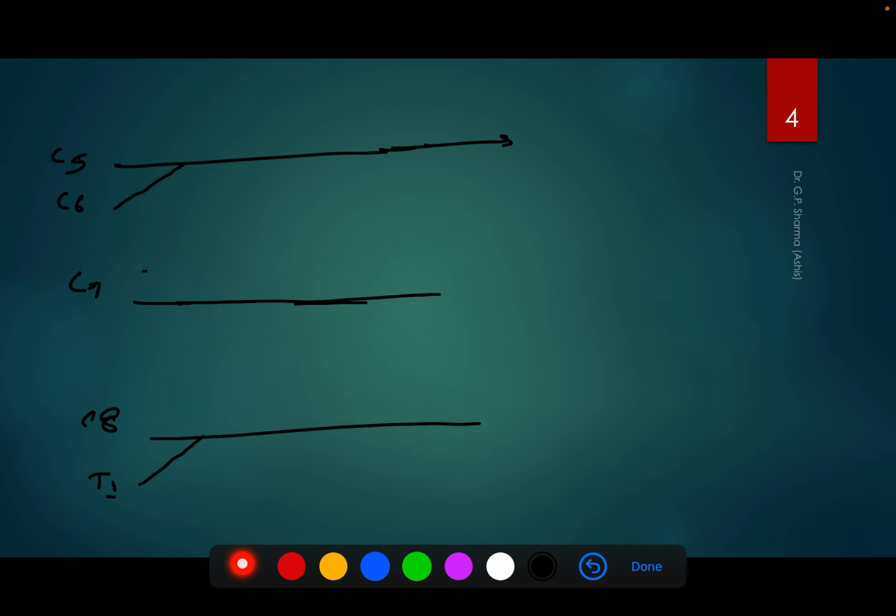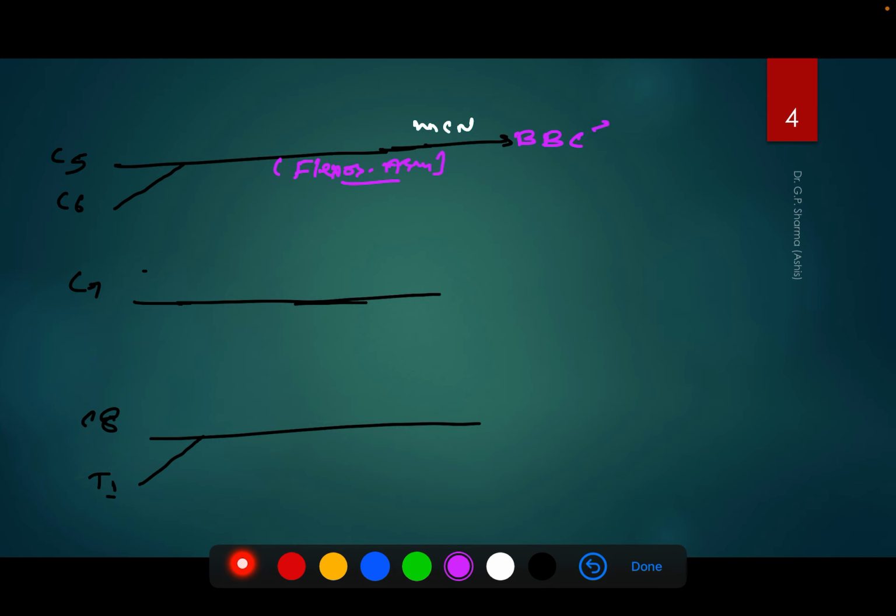So if this is my musculocutaneous nerve, it is supplying my BBC. It was supplying the flexors of the arm. This flexor group of the arm we say BBC.